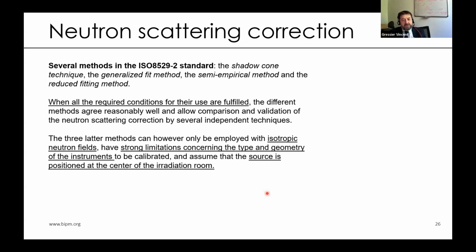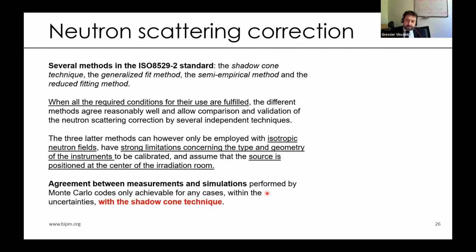For the three latter methods, you need to have an isotropic neutron field. There are strong limitations concerning the type and geometry of the instruments, and it assumes that the source is positioned exactly at the center of the radiation room. If you don't match these conditions, the only method that you can use and that will give you a good agreement between any simulation you can provide and measurements will be the shadow cone technique.